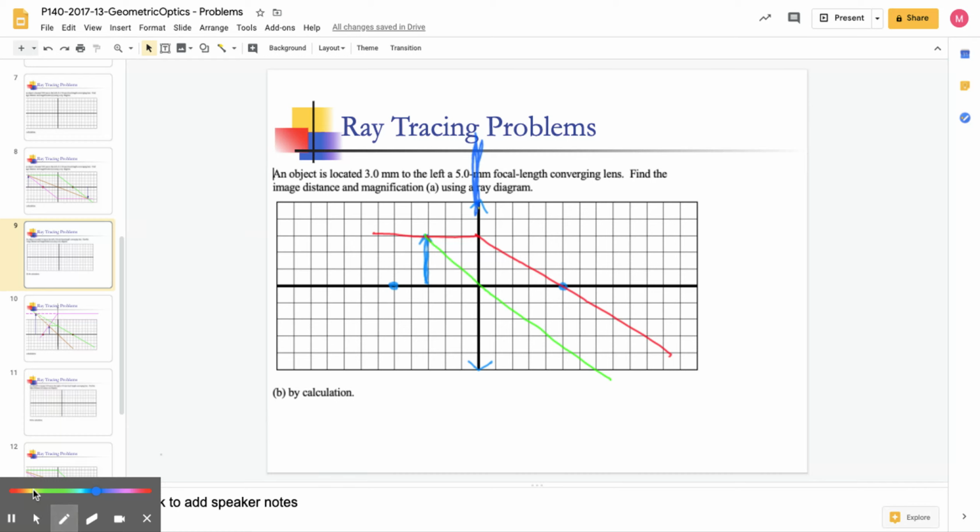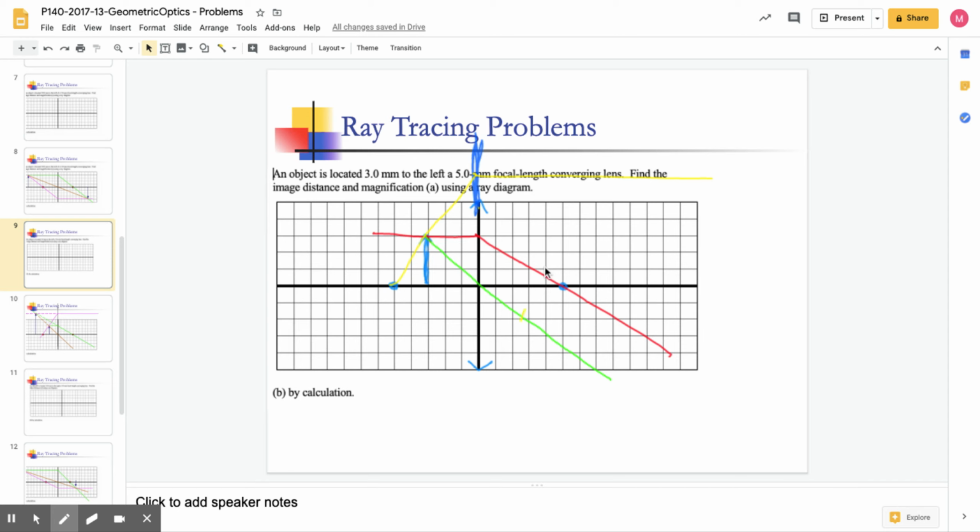And let's do yellow. I'm going to go through the focal point, hit the lens, and then out, if I can eyeball this. Through the object, through the focal point, and then out like that, parallel to the optical axis.